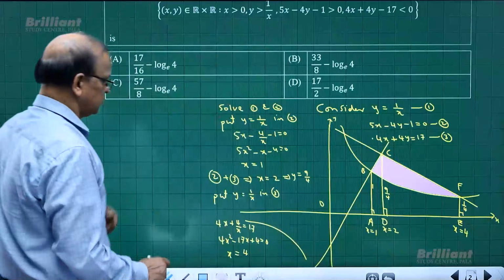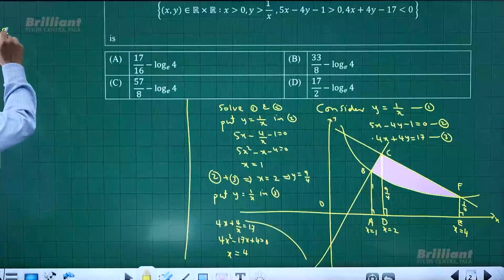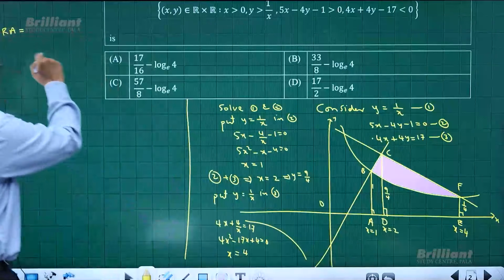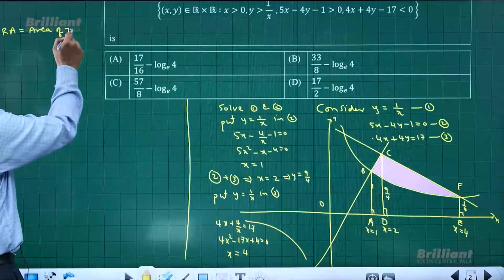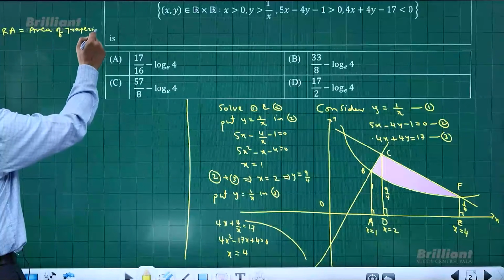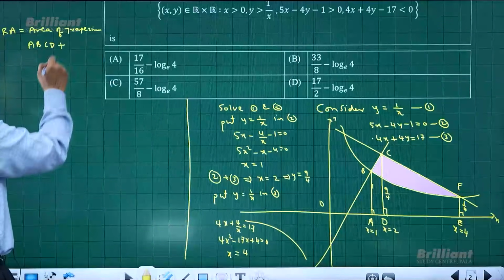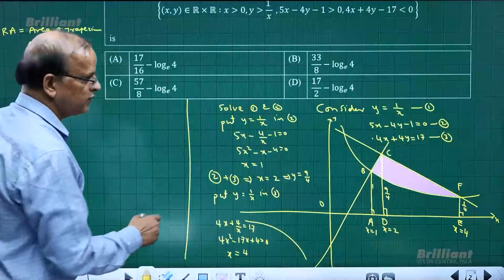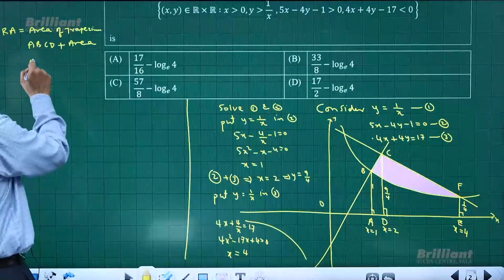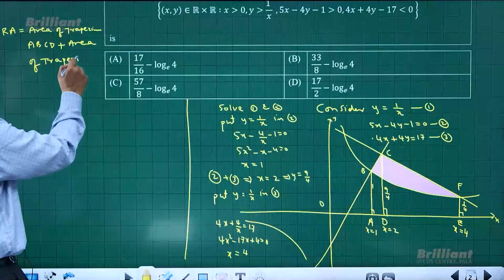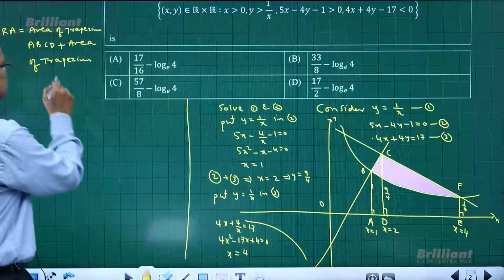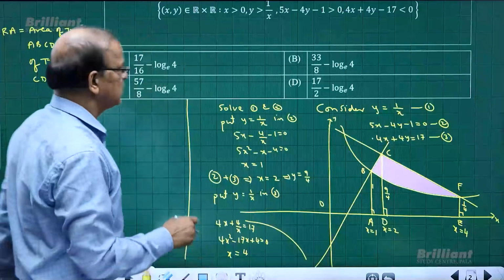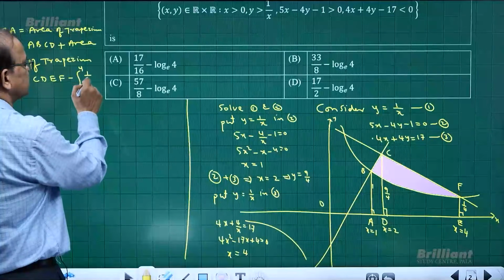So therefore, required area is equal to area of trapezium A, B, C, D plus area of trapezium C, D, E, F minus integral 1 to 4 of 1 by x dx.